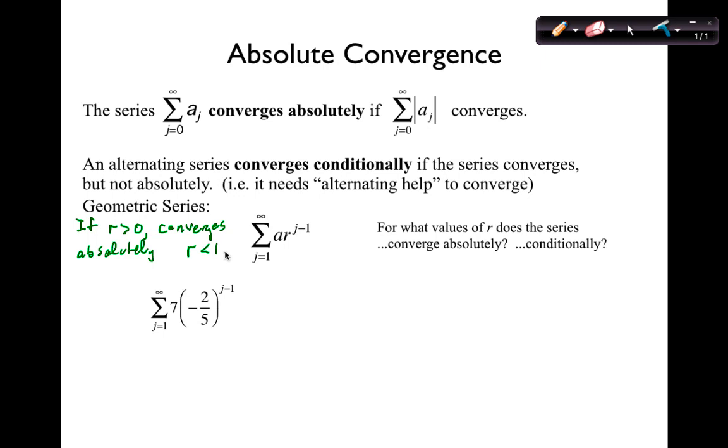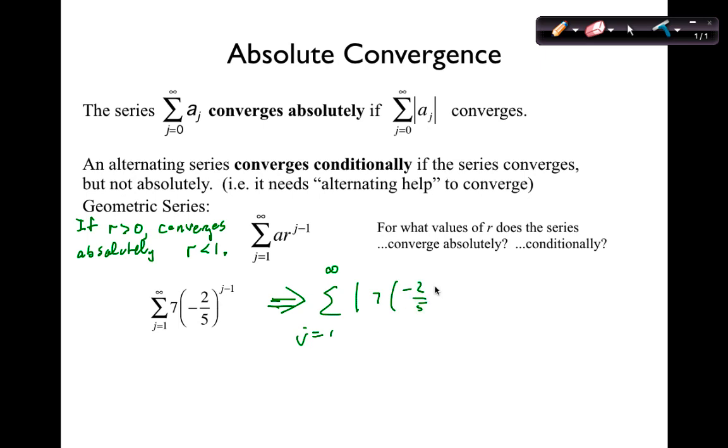So the real question here about absolute convergence is when r is negative. Okay, so when r is negative, we can test this for absolute convergence by doing this. Not equals. It's a different series. We're putting absolute values on it.